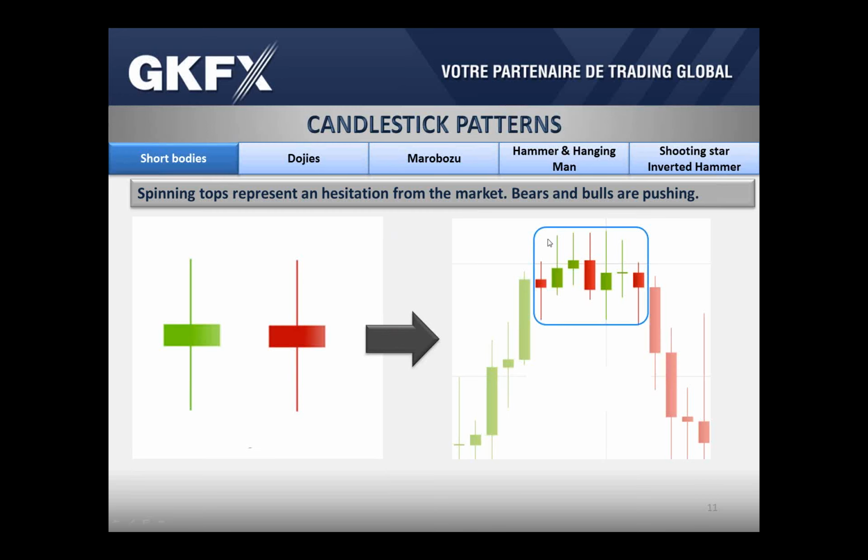So it could be interpreted like a hesitation, but also like a very tight fight between bearish and bullish. And once again on the right you can see a nice example full of spinning tops, 1, 2 and 3. This one is the best example.